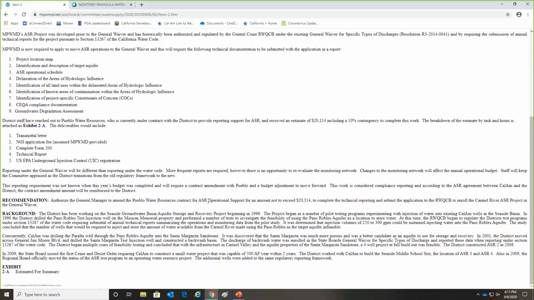The reporting we did previously was a once-a-year fairly thorough report, which is the report that you see once a year as an informational item on the operations of the ASR project, and that is due in July of every year. However, the implications to the actual reporting will be a different list of constituents. I'm going to pare the list down slightly. It's not specifically related to the project that was developed, and more related to having the project and how it affects the water quality plans for the coastal region.